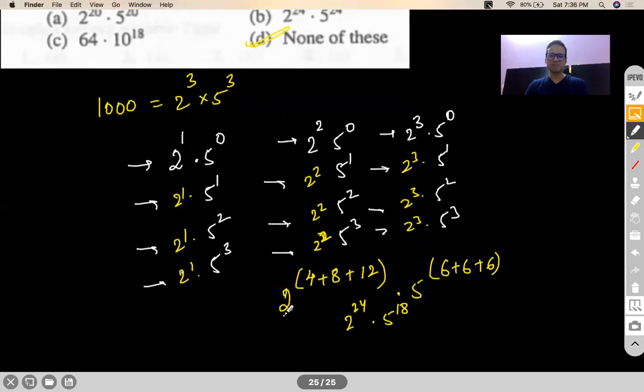So altogether the power on 2 would be 2 to the power 24. Similarly, I'm multiplying all the 5s together. So 5 to the power 0, 5 to the power 1, 5 to the power 2, 5 to the power 3, that will be 5 to the power 6. Again I'll have 5 to the power 6, and again 5 to the power 6. So 5 to the power 18. Is this fine?